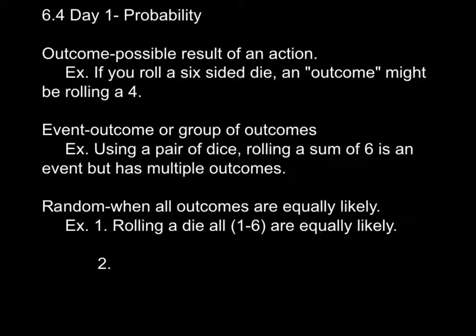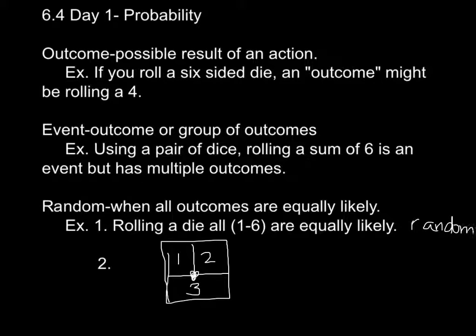Another example is, what if I had a spinner? On this spinner it was cut in half and cut in half again. Here's my spinner right here. I have 1, 2, and 3. Let's add in that this is random.